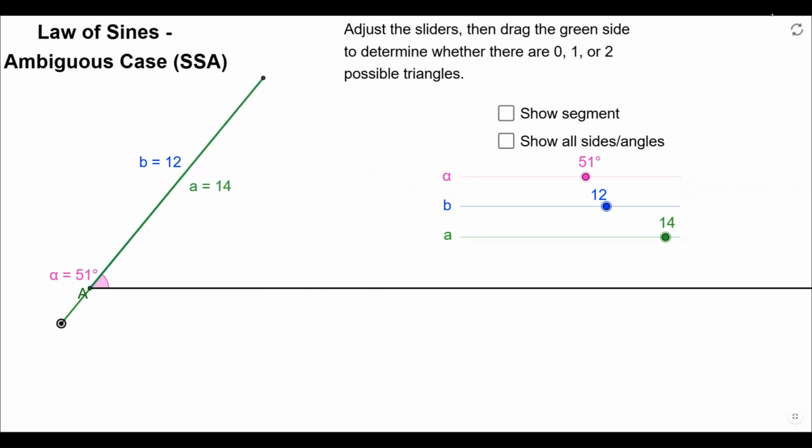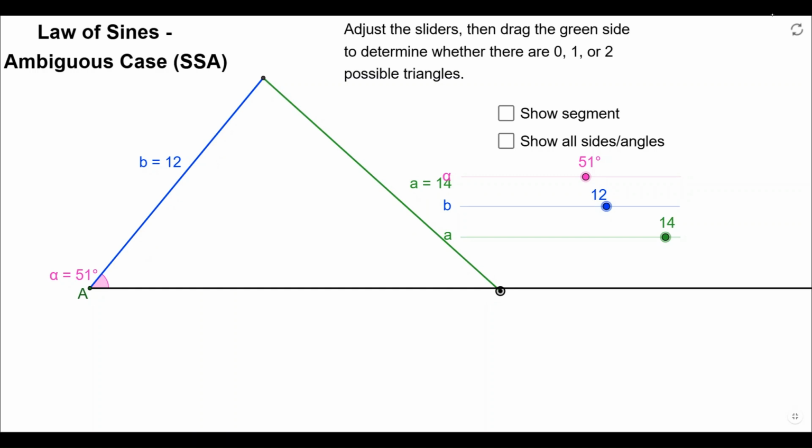Well, notice that because side A, which is opposite angle A, is actually longer than B, the end point of side A actually swings past angle A. It doesn't actually connect to the bottom side of the triangle. So if the opposite side is longer than the adjacent side, so if side A is longer than side B, we again only get the one triangle if we swing outwards.